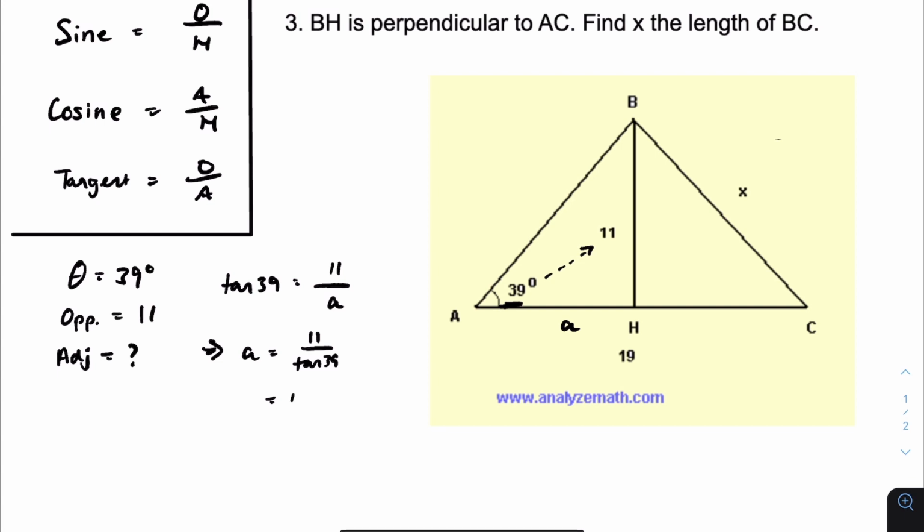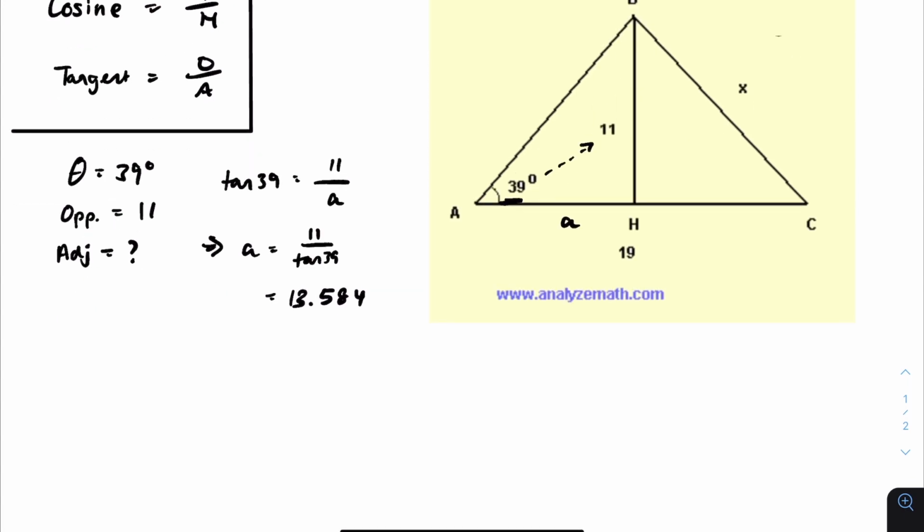And that gives us 13.584. Now we know that HC is 19 minus 13.584. So 19 minus 13.584 gives us 5.416. So HC is 5.416.